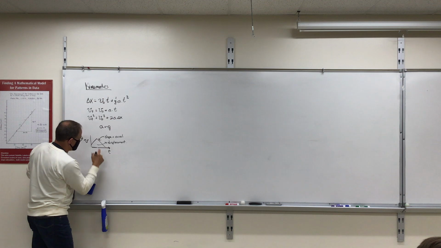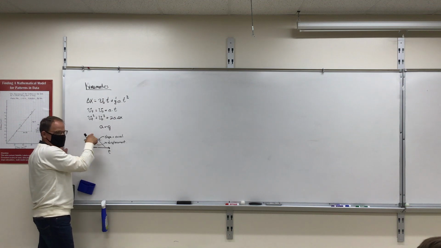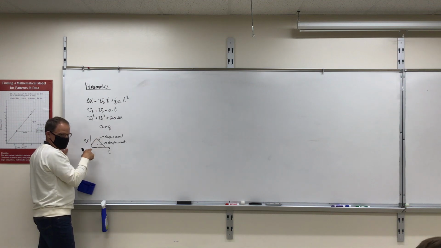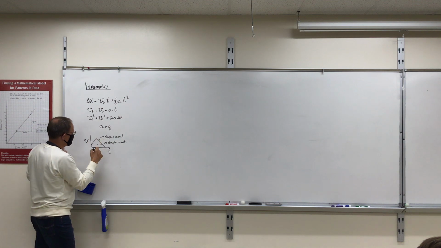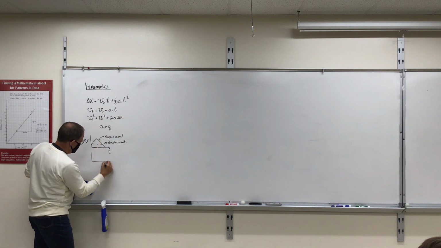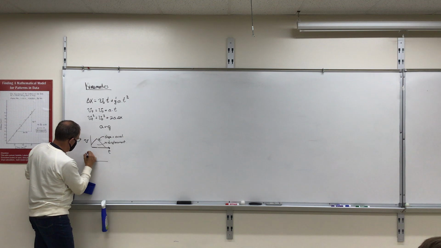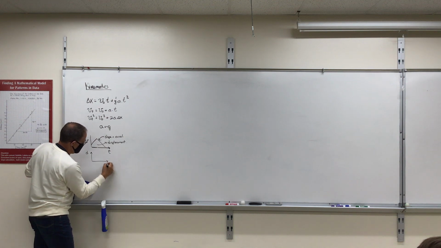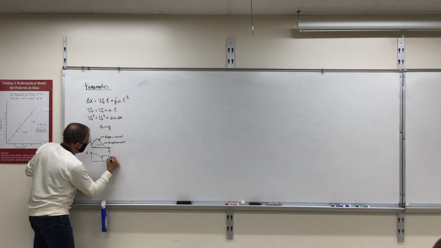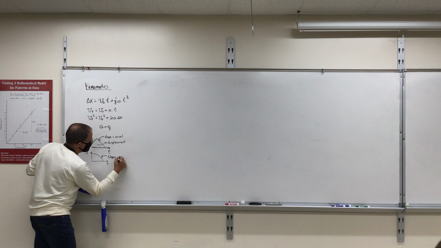That's the most important one because we get 2 things out of it: the acceleration is the slope, and the area is the displacement. The other one is if you graph the position versus time, the slope equals the velocity.